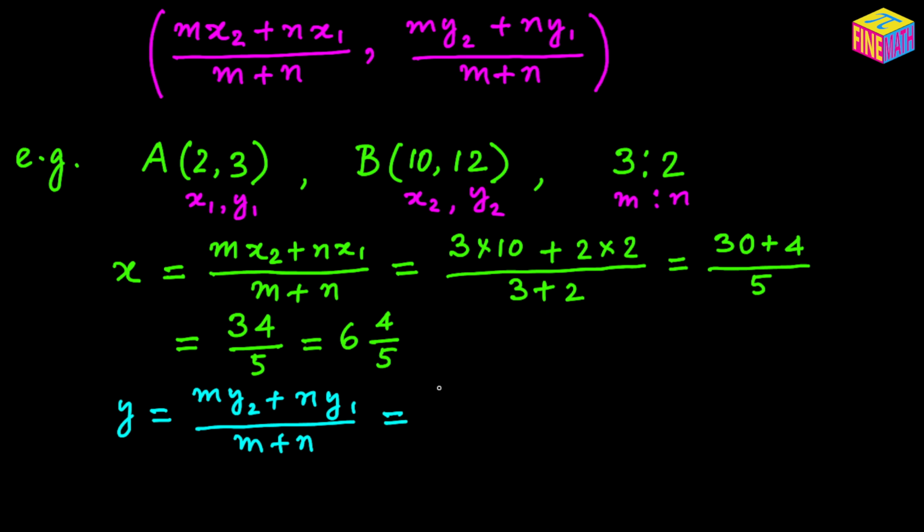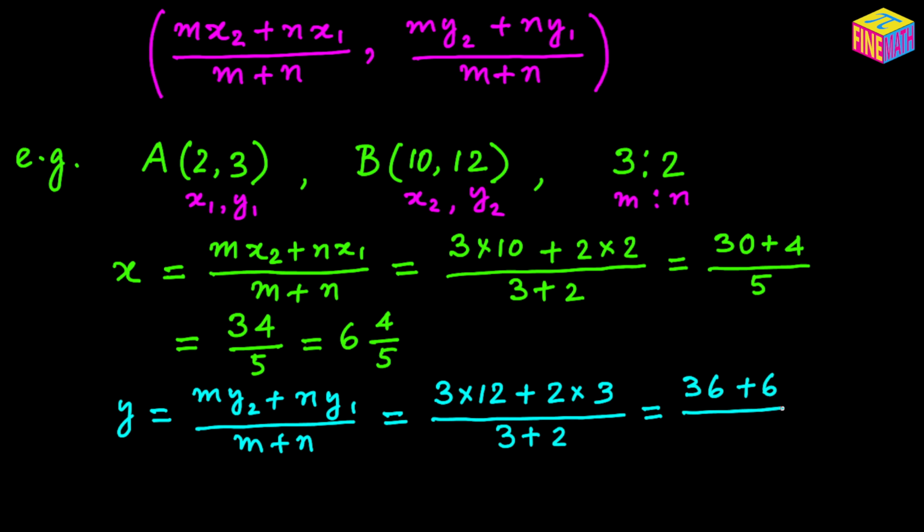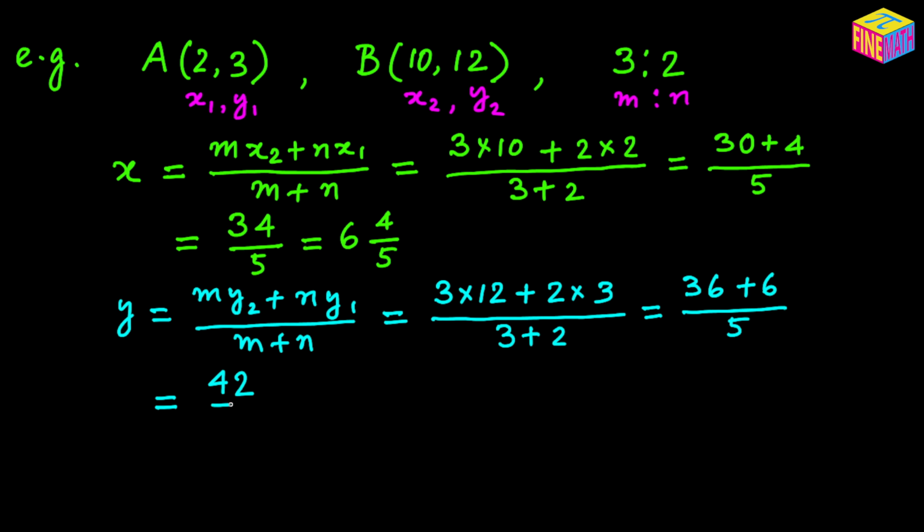So m is 3, so that would be 3 times, what is y sub 2? y sub 2 is 12, so 3 times 12, plus n is 2, so 2 times y sub 1, which is 3, and then divided by m plus n, that is 3 plus 2. This is equal to (36 plus 6) divided by 5, which is 42 divided by 5, which is equal to 8 plus 2/5, right?